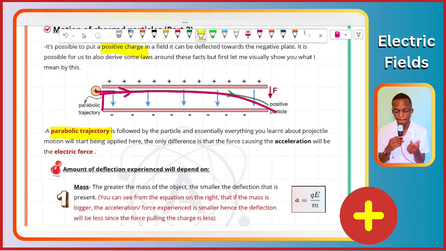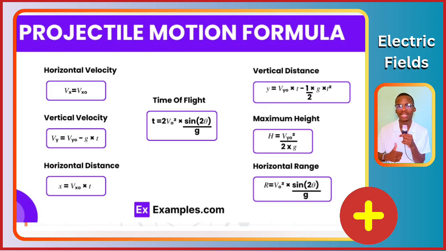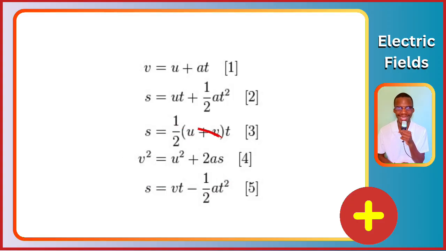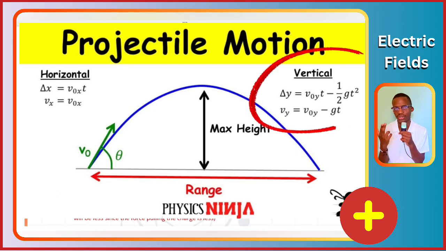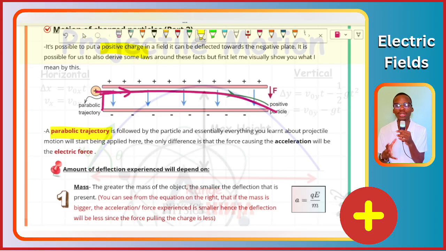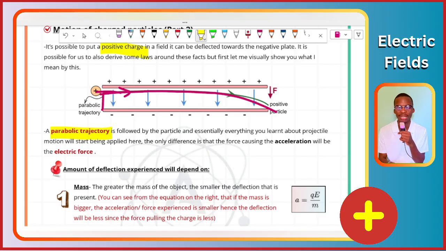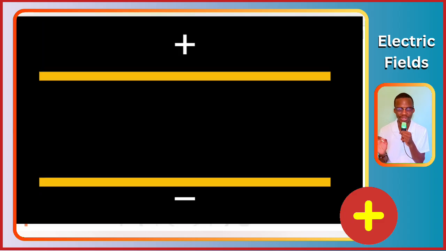Essentially, everything you've learned about projectile motion will now apply: the formulas, v squared is equal to u squared plus 2as, equations for vertical motion versus horizontal motion. The only difference is that the force that will be causing acceleration will be the electric force.